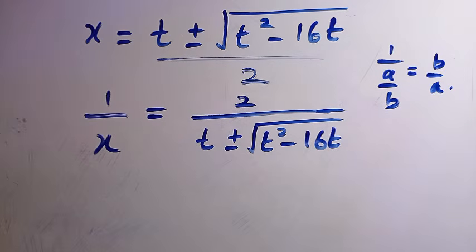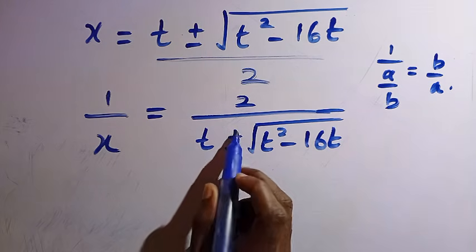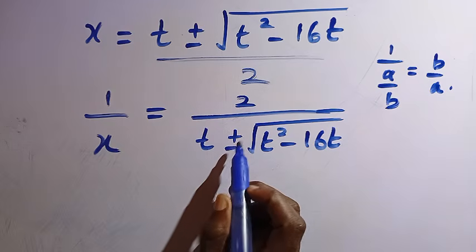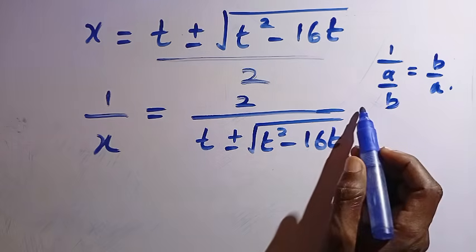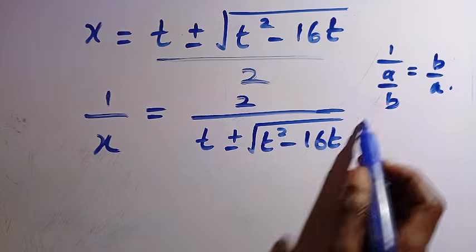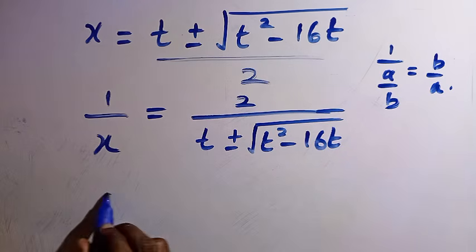So we cannot leave the answer here. We have to try and rationalize this. When we are rationalizing, this plus and minus will also change. The plus will come up and the negative will come up and the plus will come down.